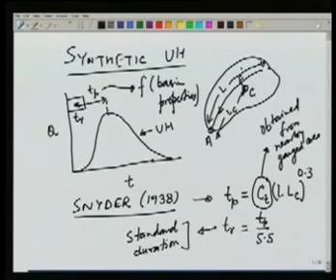So in order to derive the synthetic unit hydrograph, we should have an area which is similar to the area under consideration, maybe a nearby basin where the properties are similar to the area under consideration, and for that area we should have a gauging station from which we can derive a unit hydrograph for that particular area.